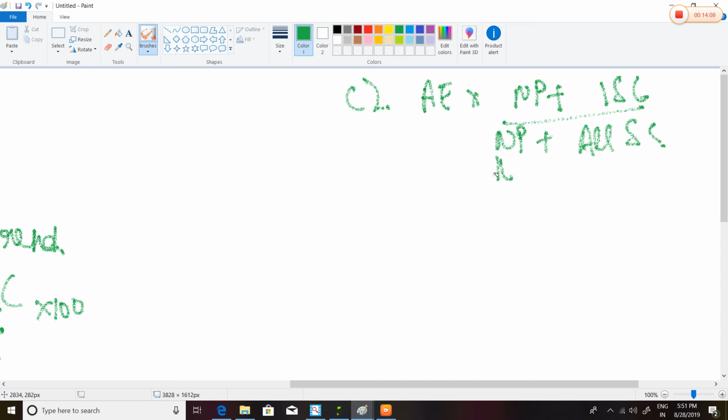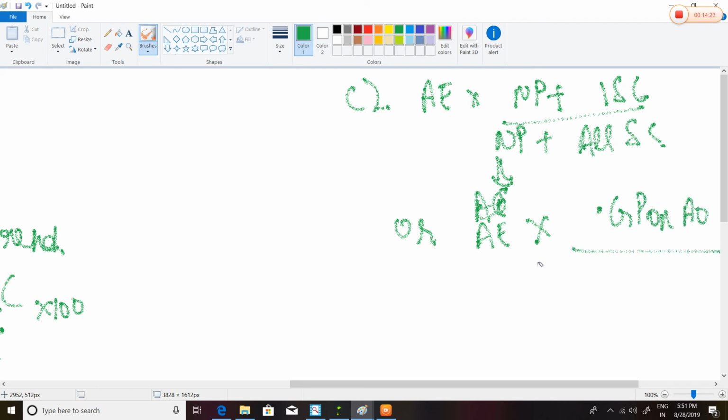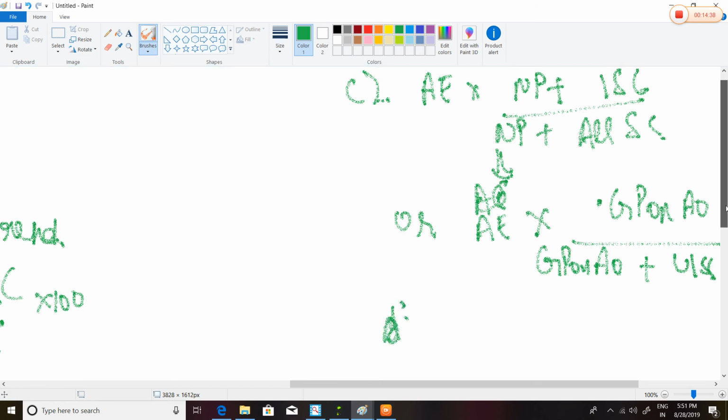Or you can compute this in a different way, that is, additional expenses into GP on annual turnover divided by GP on annual turnover plus uninsured standing charges. Then take the least of the following.